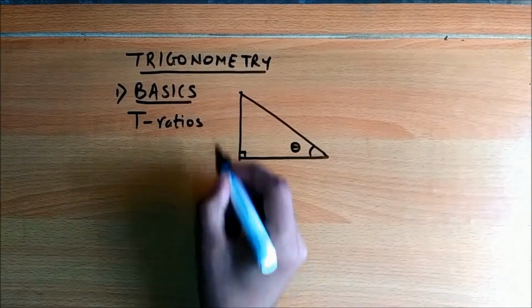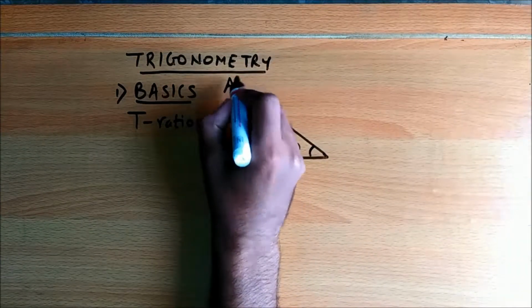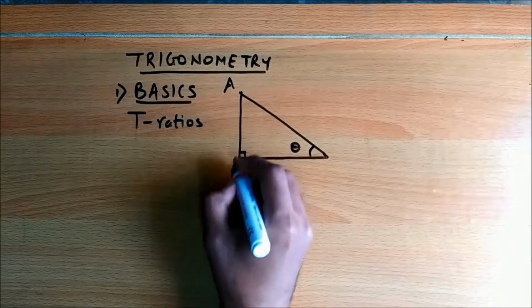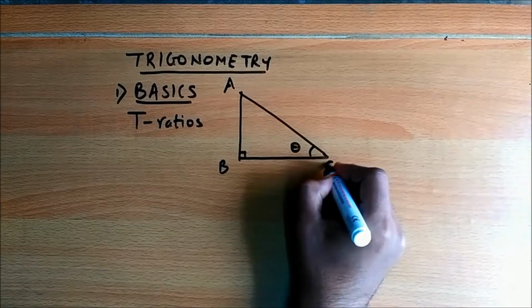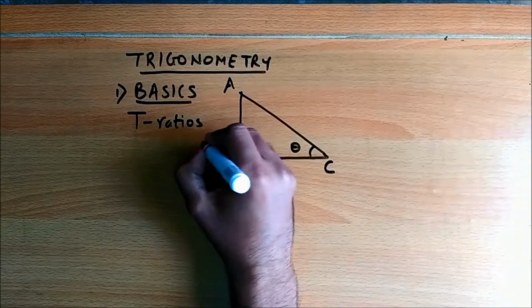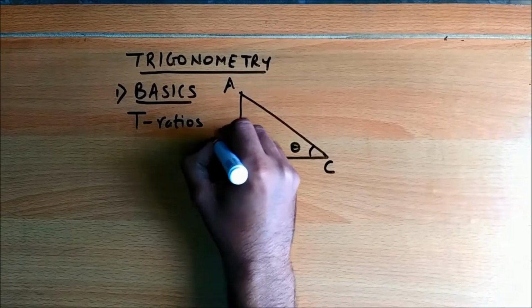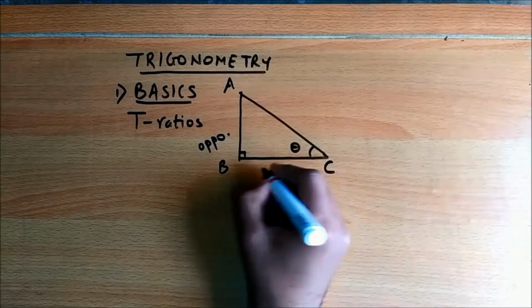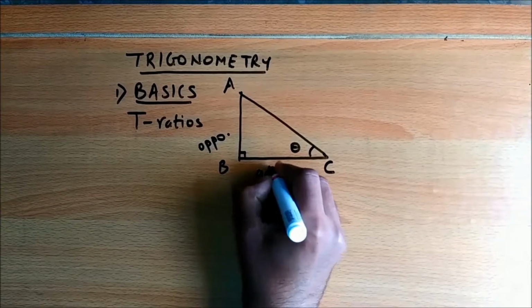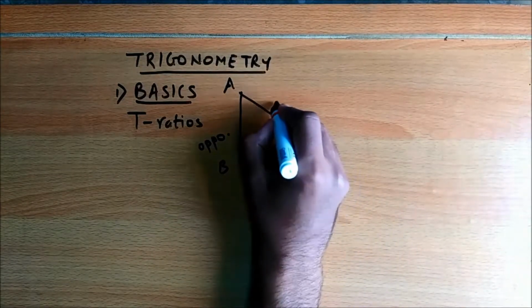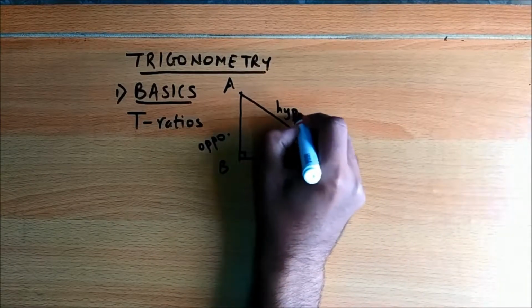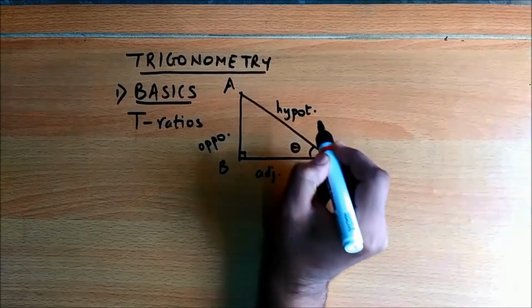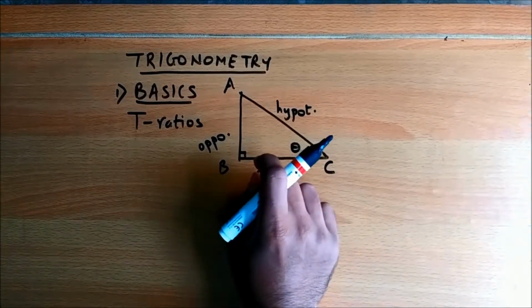Let's name the triangle ABC, with vertex B at 90 degrees. Now AB forms the opposite side of theta. BC forms the adjacent side of theta. And AC, obviously, has to be the hypotenuse, opposite to 90.